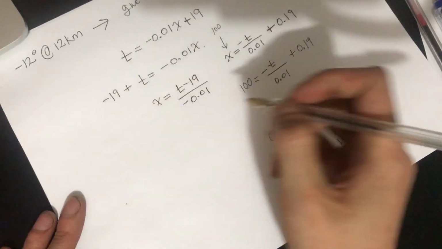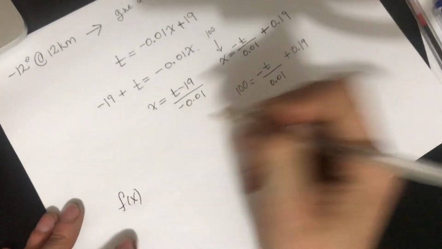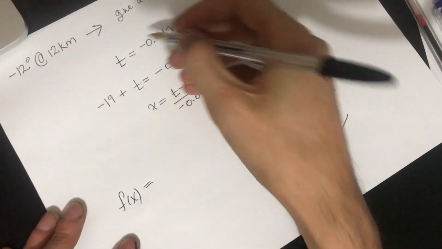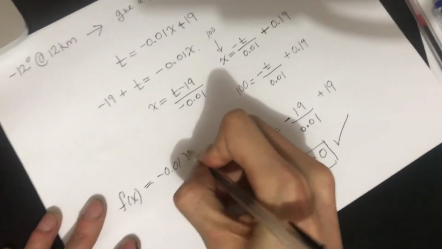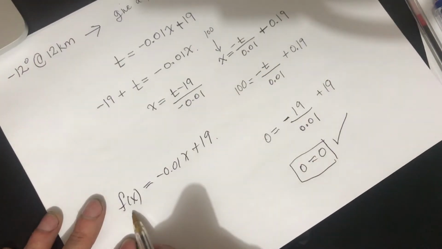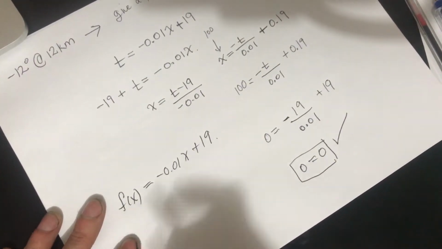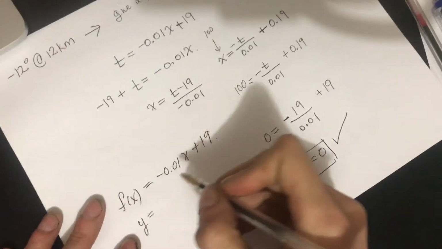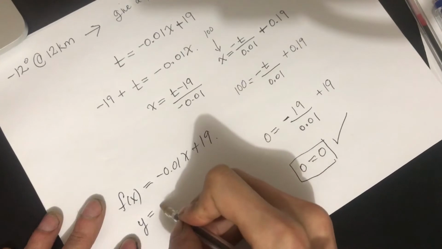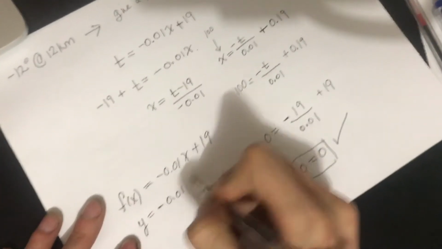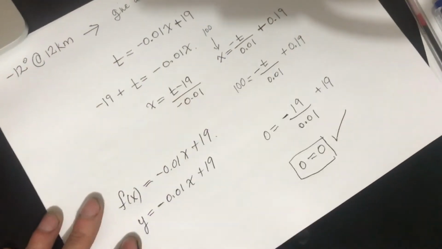there are a couple of ways of writing it. As a function of x, defined here as negative 0.01 x plus 19. That's when my x changes, my value changes as a function of x. Then there's the mathematical slope-intercept notation, or equation of a line, negative 0.01 x plus 19.